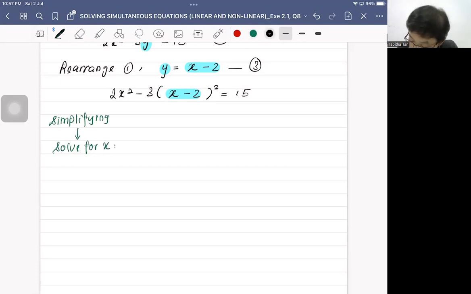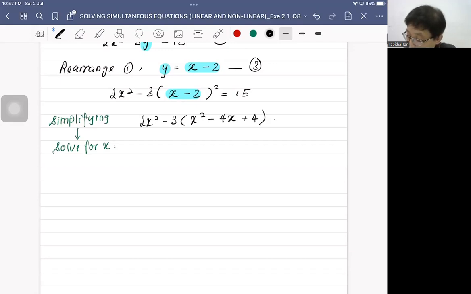So now expand or do whatever is necessary to form a quadratic equation. So you get 2x squared minus 3. I'm going to expand the binomial first. Okay, so you're going to get x squared minus 4x plus 4.